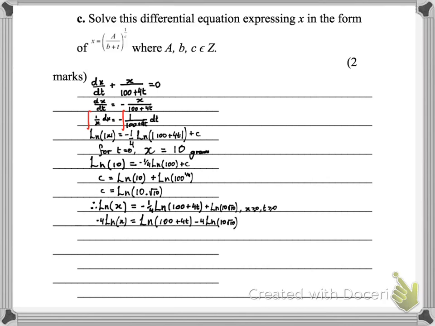Okay, now one little thing here we can do to start to manipulate it so we can bring our logs together. I'm going to multiply both sides by -4, so that removes the fraction. But it puts a -4 here on the log on the left, and this term, don't forget, distributing the -4 to this term over here as well.